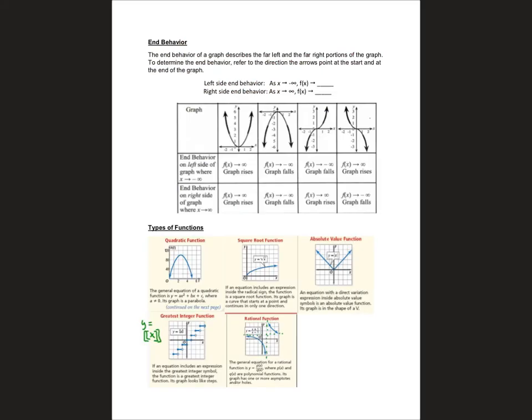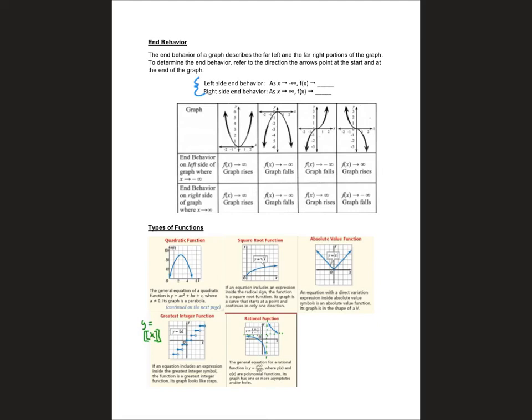Now, in regards to end behavior, the end behavior of a graph describes the very far left as well as the very far right portions of the graph. To determine the end behavior, we're going to refer to the direction of the arrows and how they're pointed at both ends of the graph. Here's how we write end behavior. We're looking at it from both the left and right side.